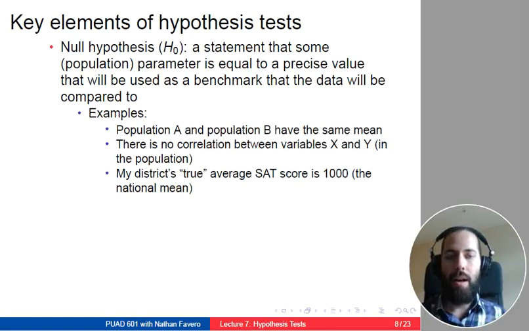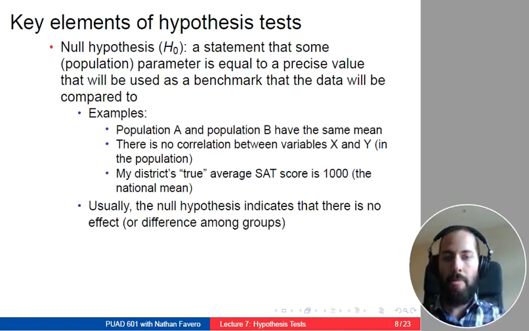And so when I say the true SAT score, I'm thinking about maybe I have several measures of how my district does on the SAT, and I'm trying to think about, well, what would they do if we took away all the statistical noise? Would it be equal to 1,000? Would it be higher? Would it be lower? So for the null hypothesis, though, I don't want to say higher or lower. I want to identify a precise value. So my null hypothesis might be that the true average SAT score for my district is equal to 1,000.